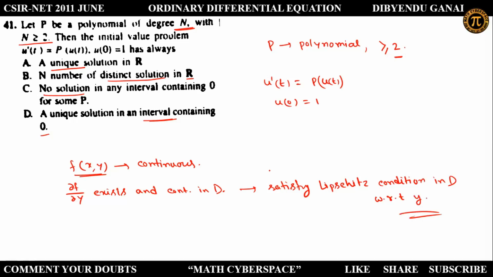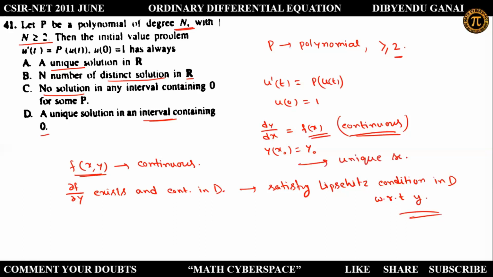Now, what is the uniqueness theorem? Suppose we have an initial value problem dy/dx = f(x, y), with condition y(x0) = y0. Here f is a continuous function. If f satisfies the Lipschitz condition, then this problem has a unique solution.